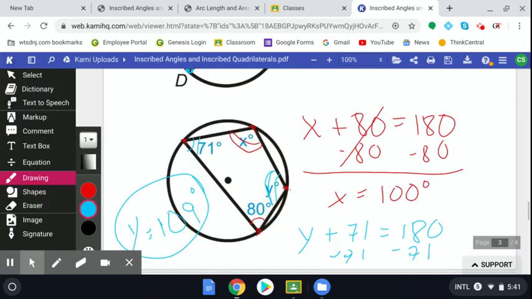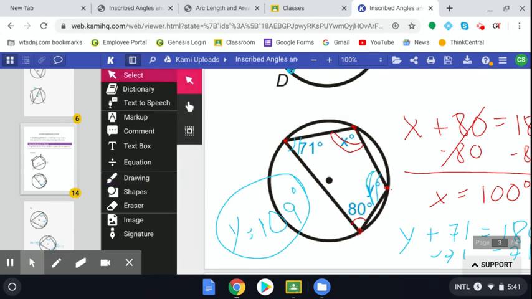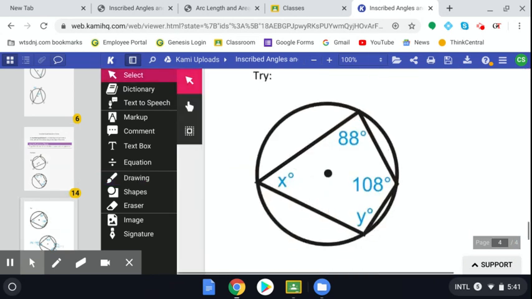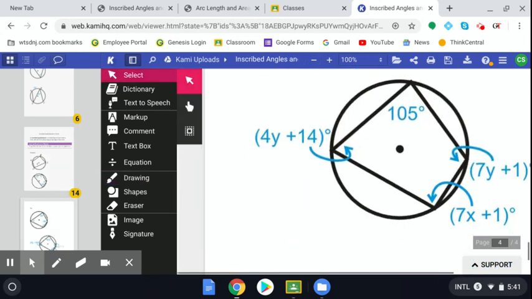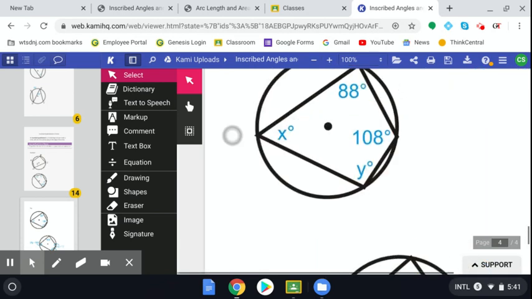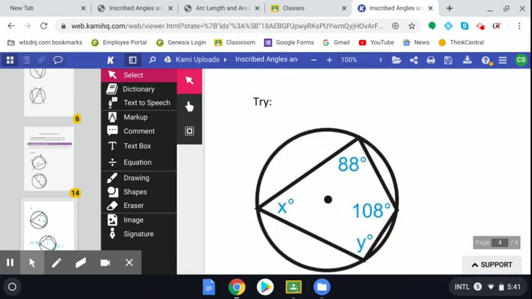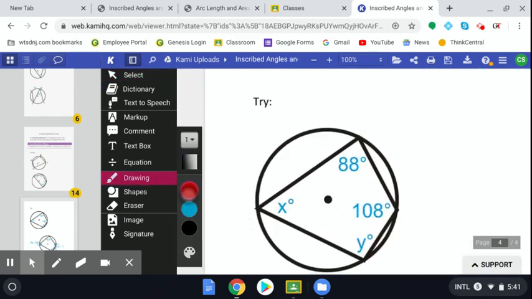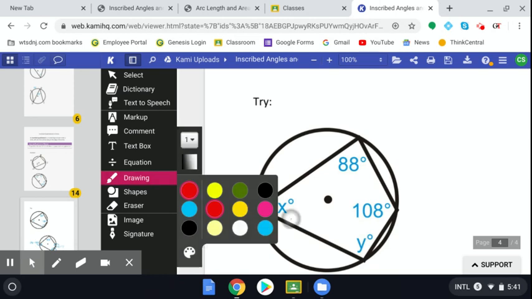Then we have a few more here. Okay, so over here, same idea. For this one, these two are opposite angles. So I can say X plus 108 is going to be supplementary, so that equals 180.